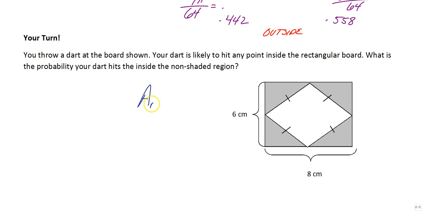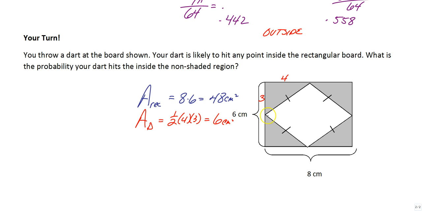The area of the rectangle is base times height, so it's 8 times 6, which is equal to 48 centimeters squared. Then you could have found the area of a triangle. If that's 6, then this is 3. If the top is 8, then that's 4. The area of a triangle is equal to half the base times height, which would give us 6 centimeters squared.